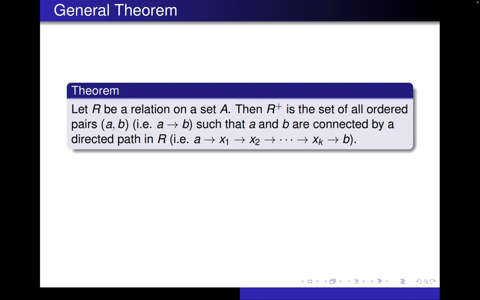You start at a, you travel along an arrow in the correct direction to, say, x1, then travel from x1 to x2 in the correct direction, and you keep traveling down arrows until you get to b. So anytime you have some arrows that you can follow downstream from one element to the next, then those get connected by another arrow. So I have to draw another arrow from a to b.